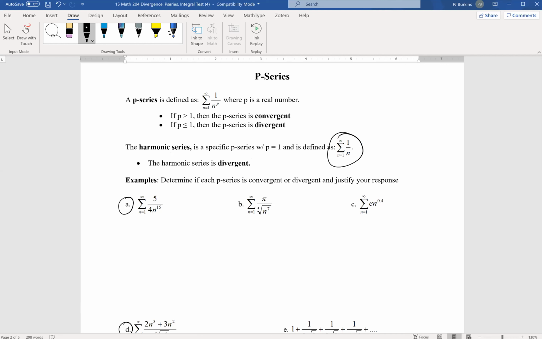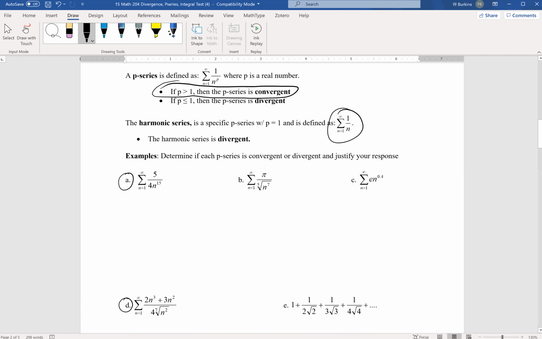All right, so we're looking for, is p greater than 1? Then we converge. So let's find out. We've got to get it in the form 1 over n to a power. Well, this first one here, I can just write as 5/4 times 1 over n to the 15th. And this 5/4, if I really wanted to, could get thrown out in front.